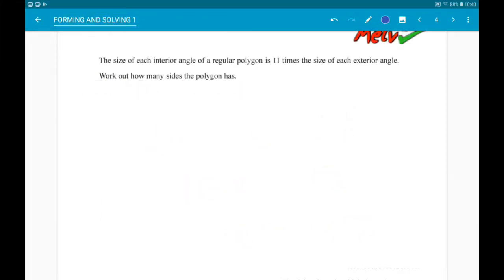Okay, the third question, so the size of each interior angle of a regular polygon is 11 times the size of each exterior angle. We want to work out how many sides the polygon has. Okay, so a crash course in interior and exterior angles.